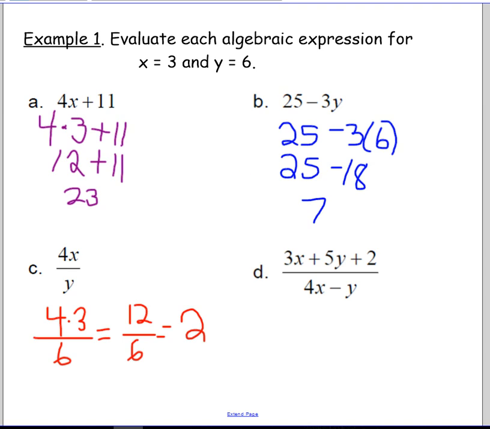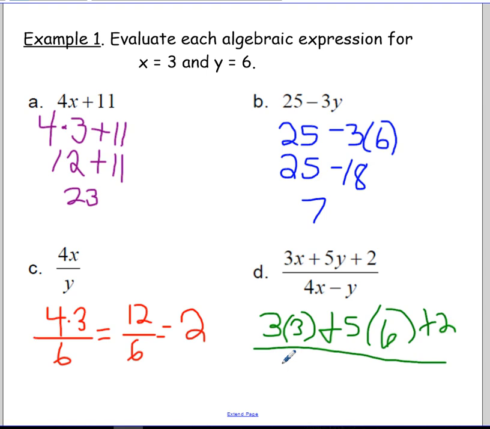So we have 3x, so 3 times 3, plus 5y, so plus 5 times 6, and then plus 2, and all of that is over 4 times x, or 4 times 3, minus y, so minus 6.